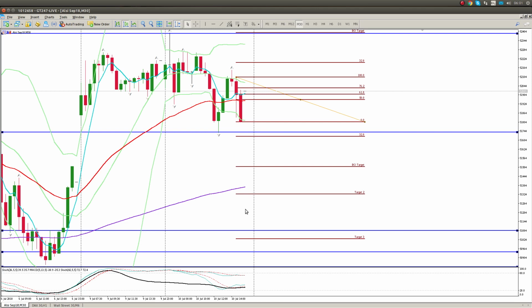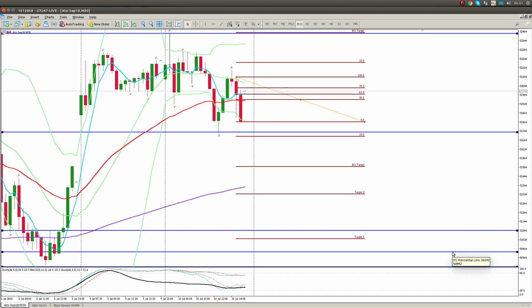And the areas of support that you're looking for at the bottom are going to be as follows. It's 5180, okay, which is the first blue line. This blue line here is 51084, and this one is 50940.